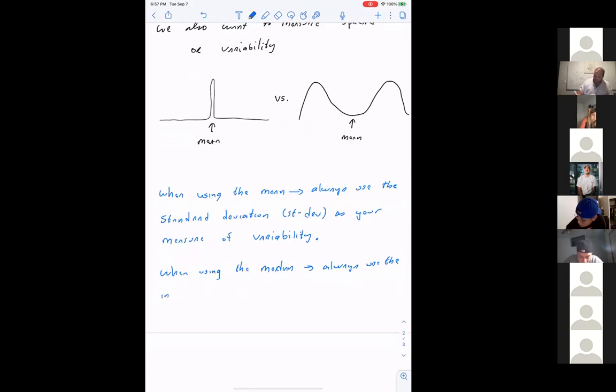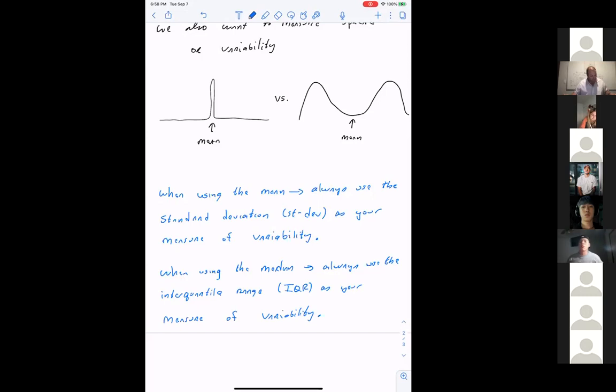All right, it is the interquartile range, often denoted the IQR, as your measure of variability. Has anyone here ever heard of either the standard deviation or the IQR?